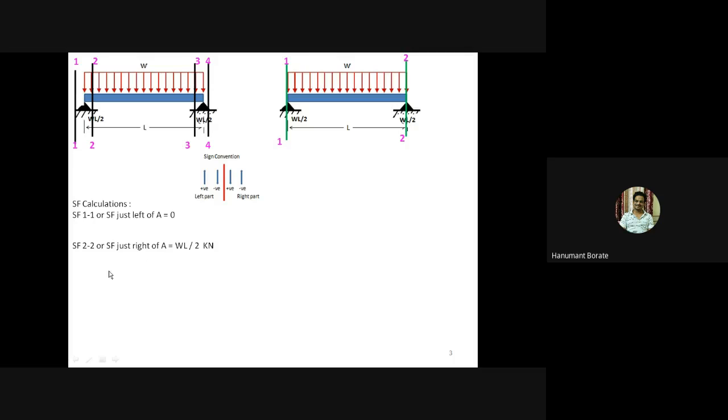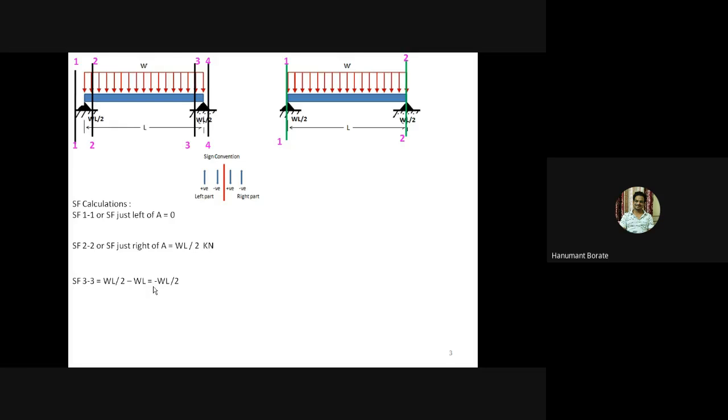So here for section 3-3, SF will be WL by 2, this vertical force, and we need to convert this UDL into point load for the calculation purpose only. Okay, so the UDL as a point load is equal to WL. So here I have taken WL minus WL because downward force is negative.